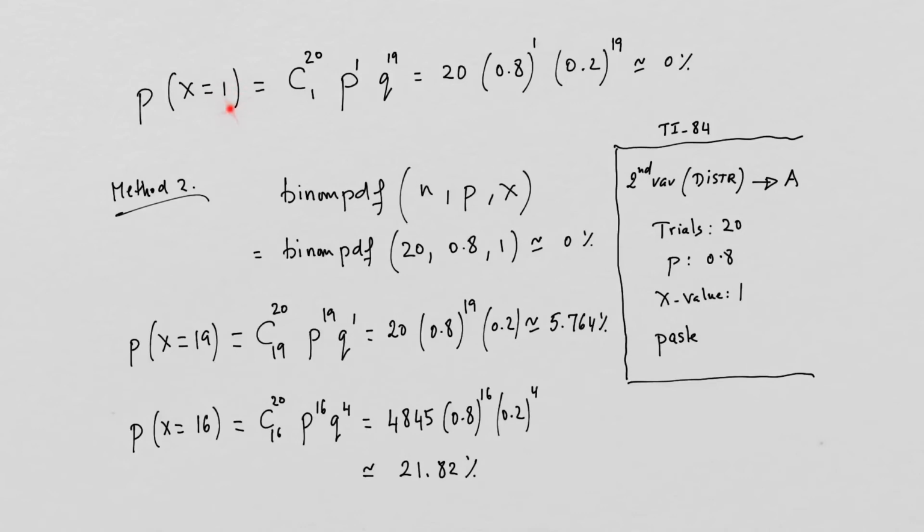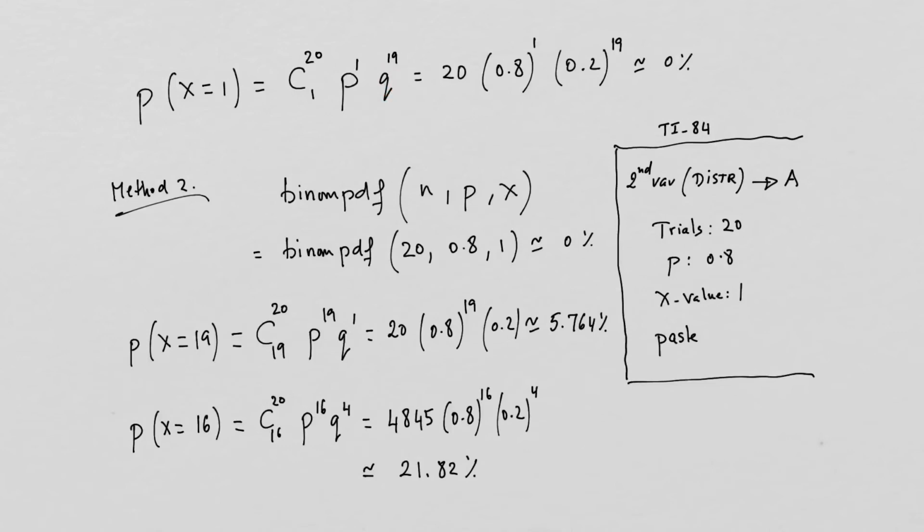So clearly, if one of them is good, you take the probability of 0.8, the probability of success, and you raise it to the power of 1 because only one of them is good. And the remaining 19 are bad. The probability of failure was q, so it's 0.2 to the power of 19. Don't worry about this for now. So 1 success, 19 failures.